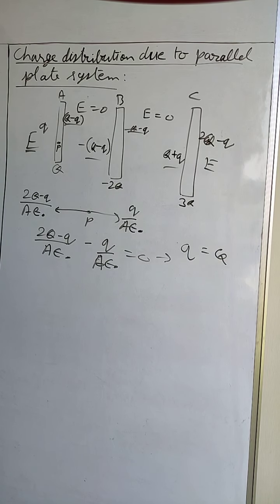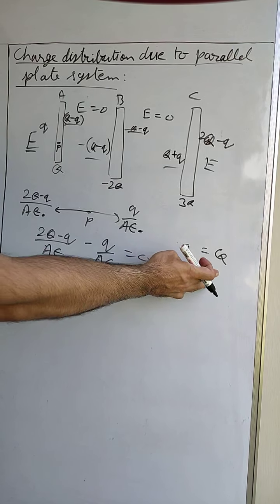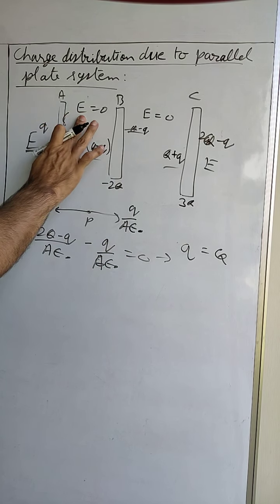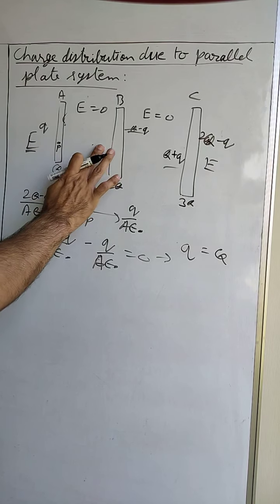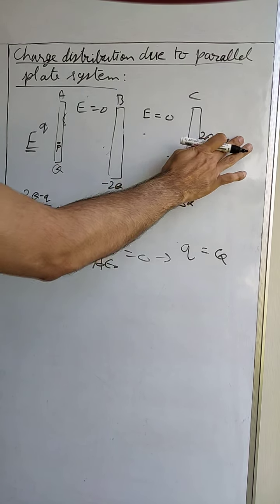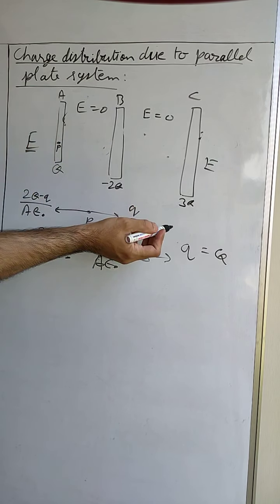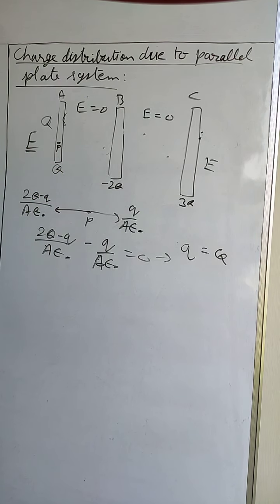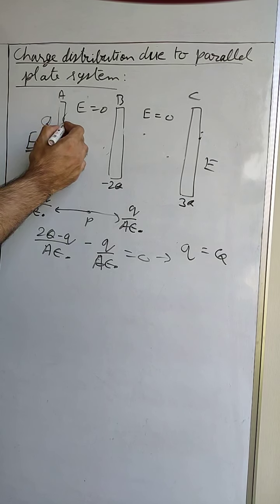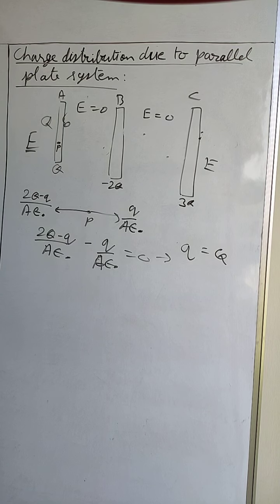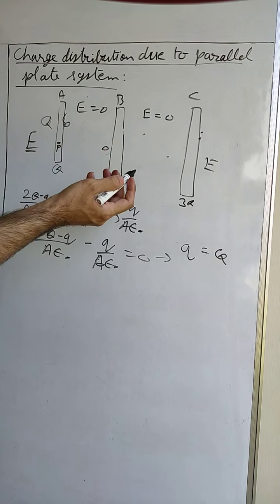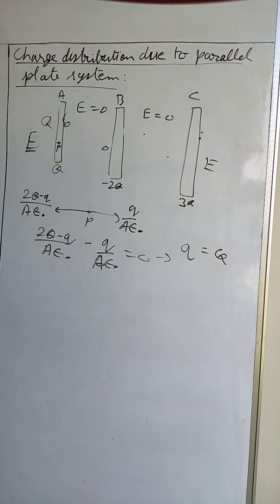So now, since we have this value, we can finally distribute the charges. Since small q is equal to capital Q, I will write capital Q here. Here it was Q minus q, so it will be equal to 0, because both cancel each other. So 0 on this surface, then it was minus of 0 here, so again that is 0 on this surface.